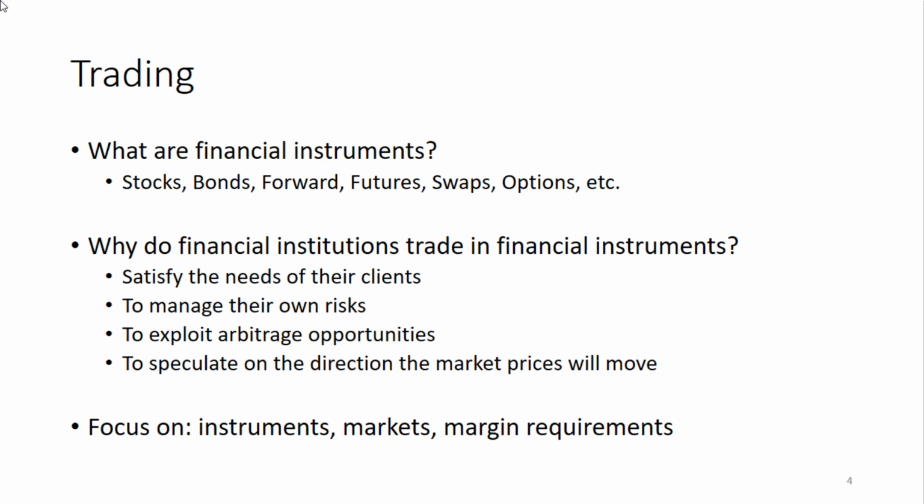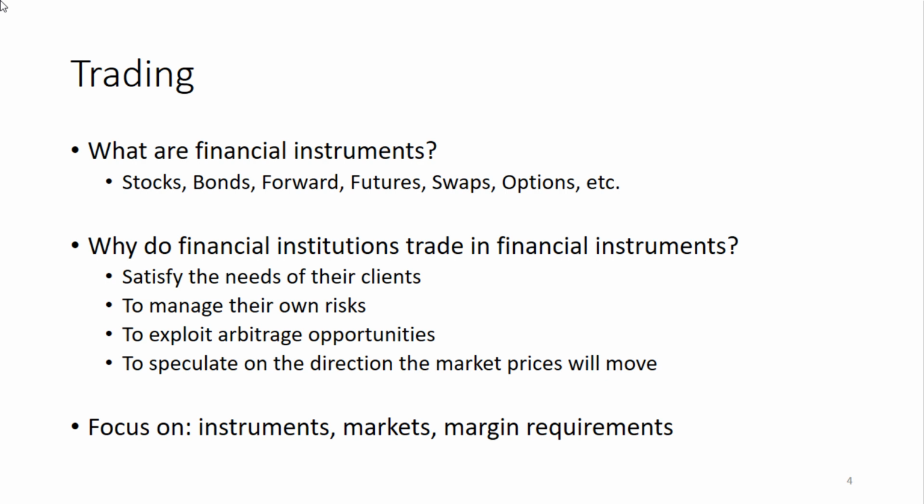So in the end, it also needs to manage the risk of its own banking book, the investment book that it has. That's the second reason, and we will look extensively into that. It's the second reason why banks and financial institutions trade in financial instruments.